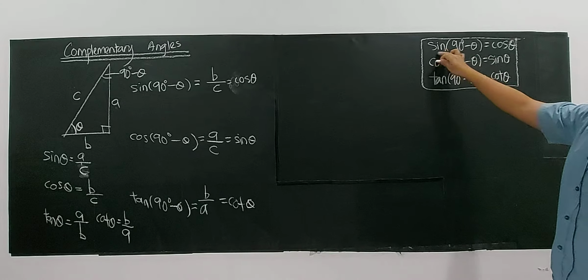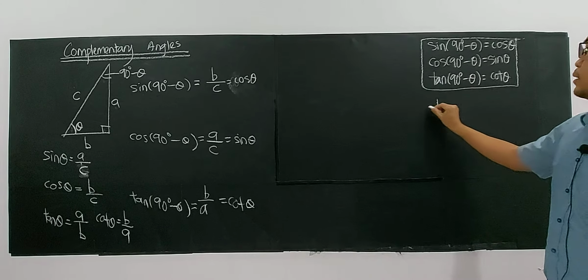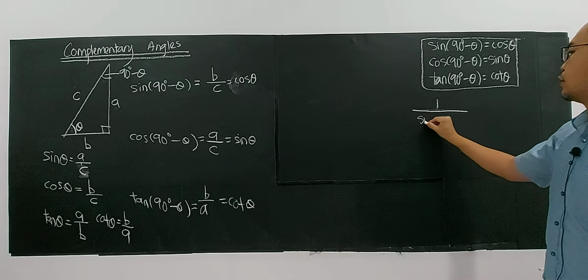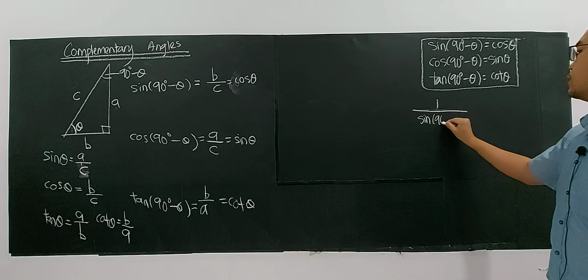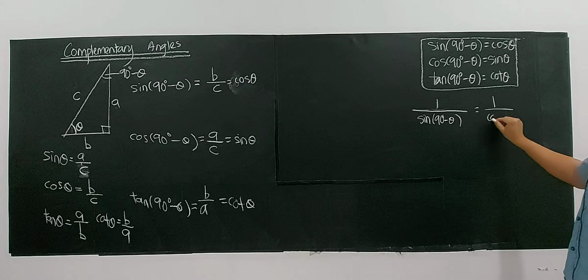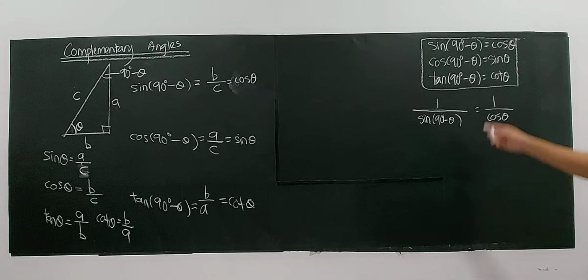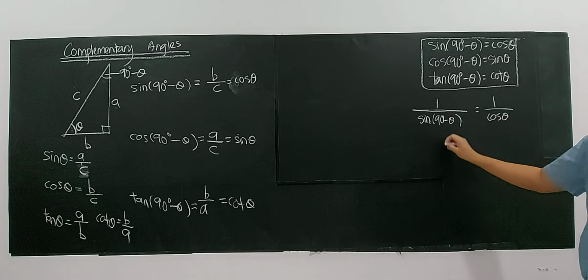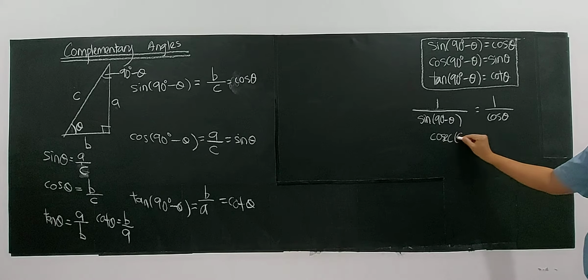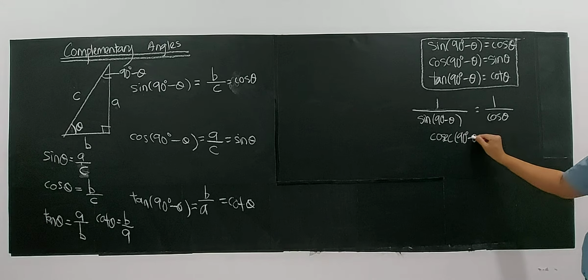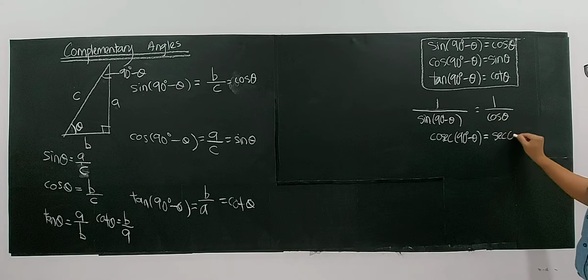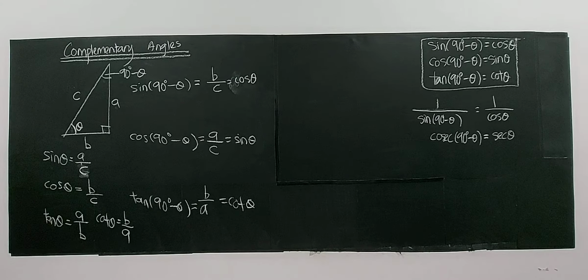For example, 1 over sine of 90 degrees minus theta is 1 over cos theta. 1 over sine is cosecant, so cosecant of 90 degrees minus theta is the same as 1 over cos theta, which is secant theta. I write this as formula 1.